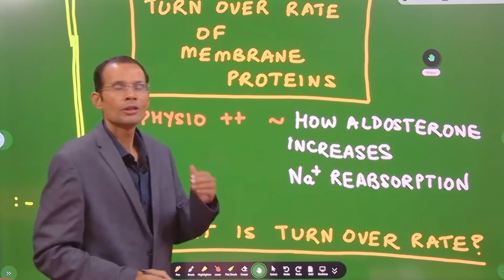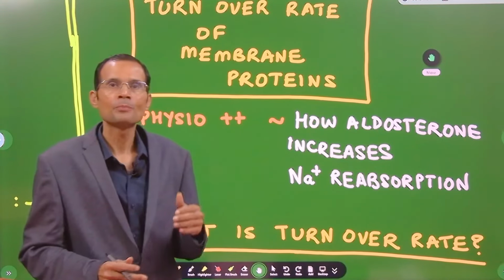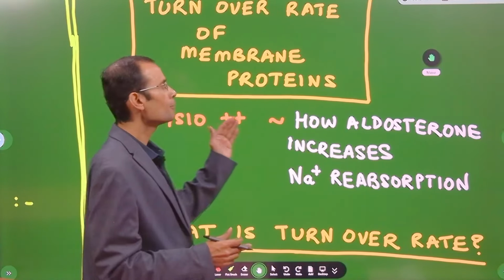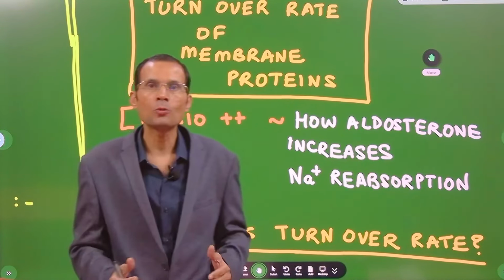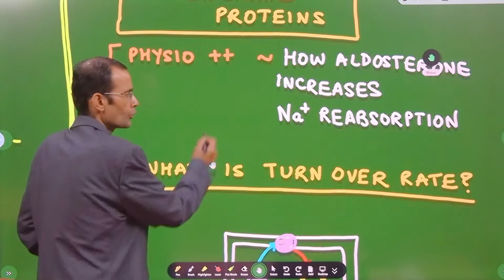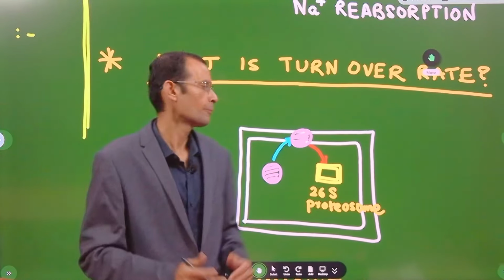And of course, at the end we will also discuss a Physio plus plus application of this topic, in the form of aldosterone and how it increases sodium reabsorption. So let's understand what this turnover rate means.